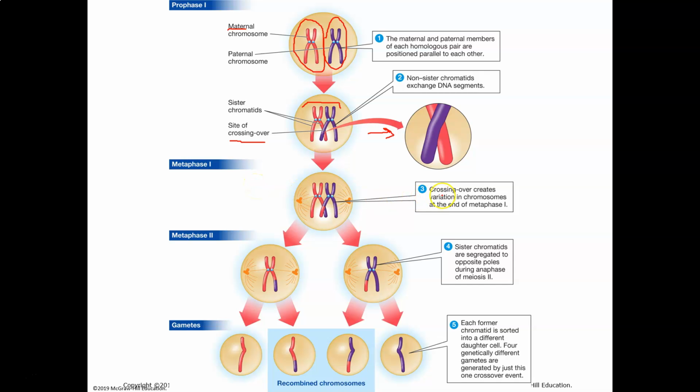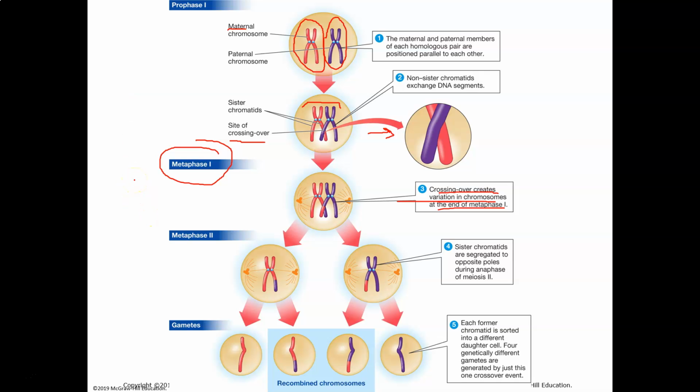Now, they are no longer identical pairs. Right? So what you get out of this is crossing over creates variation. Variation in chromosomes at the end of metaphase 1. So in metaphase 1, the whole point here is to swap genetic material so that you get different chromosomes out of this, and that's where variation comes from in reproduction.